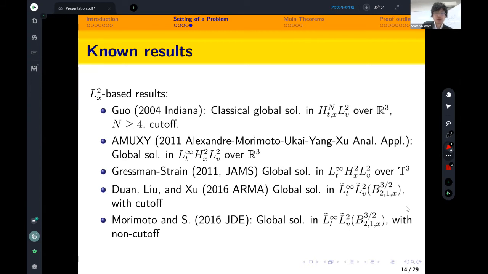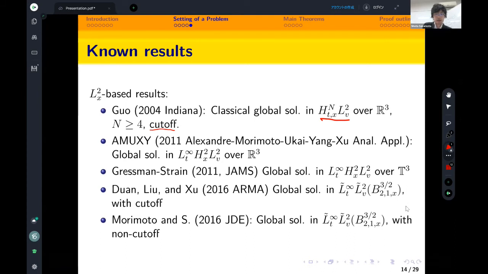So the first one is Gô's paper, 2004. He showed classical global existence in this space. So it's smooth in t and x because N is bigger than 4. So this is sufficient smoothness for having a classical solution. But it was cutoff.